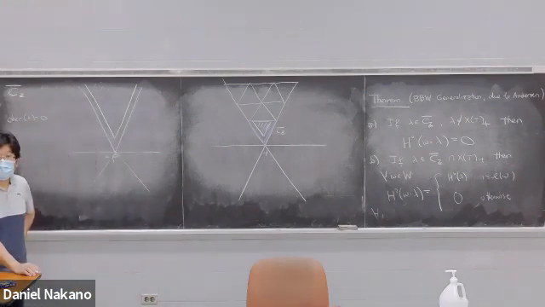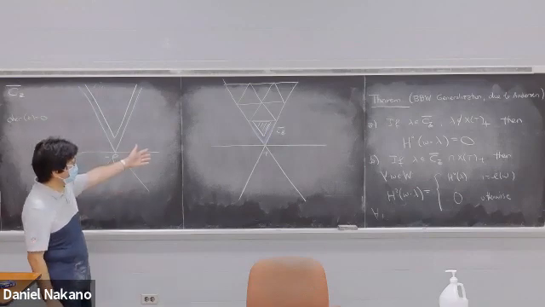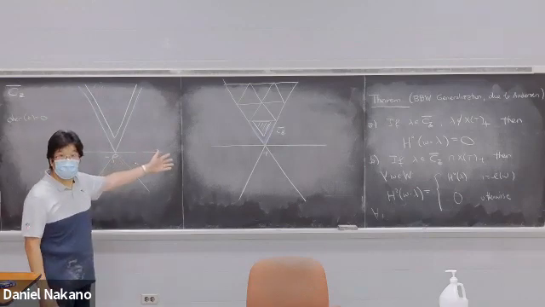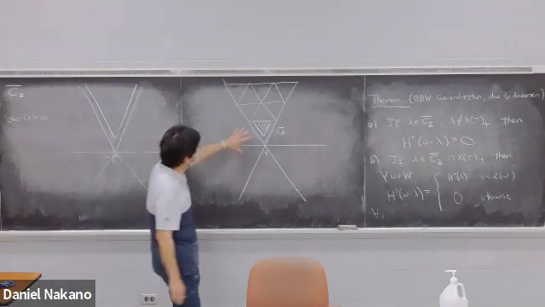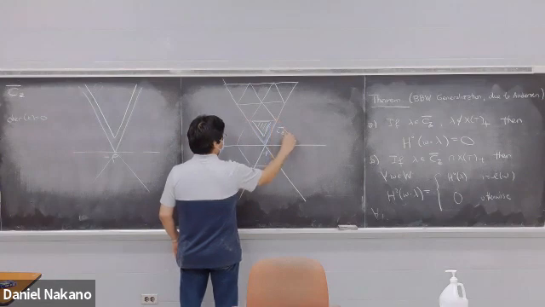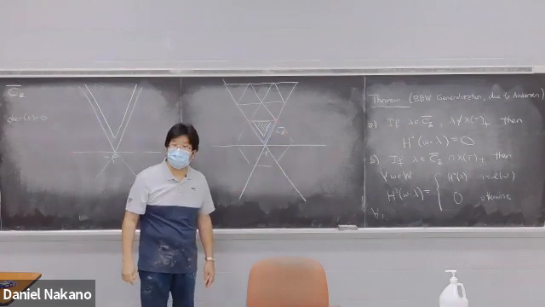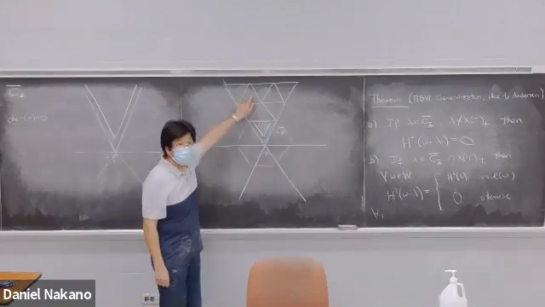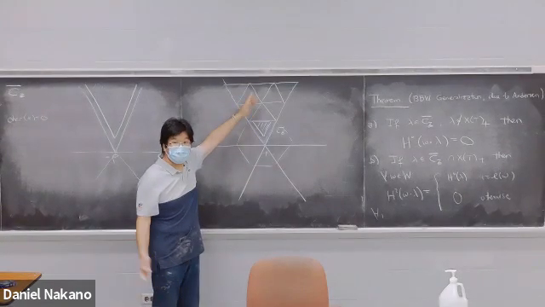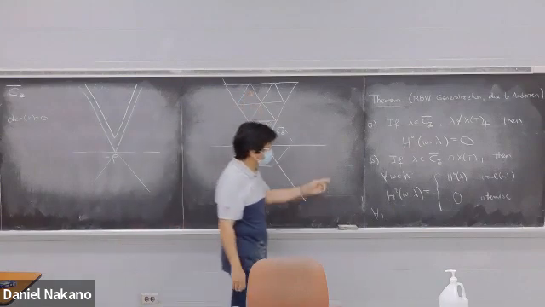Okay, so for characteristic 0, this covers everything. But it's clear that in characteristic P, it certainly doesn't cover everything. It only covers the translates which are in this hexagon. If you're up here, we don't know anything. So that's an open problem.